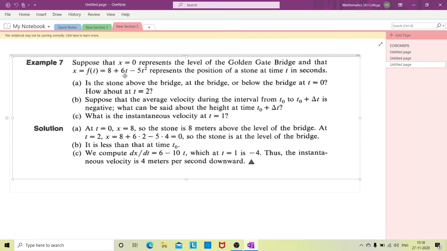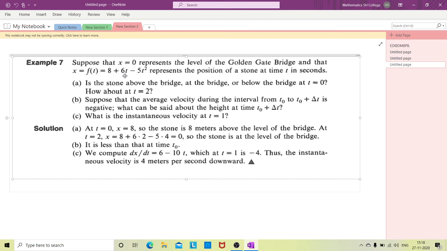As time increases, the height is decreasing. Earlier time was t0, then t0 plus delta t, but the average velocity is negative, so the height is decreasing. So the height at t0 plus delta t will be less than the height at t0.